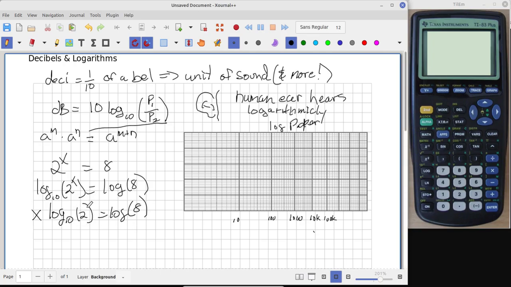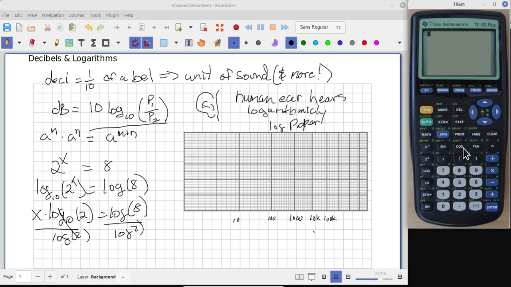That gets it out of being an exponent, and now I have just a multiplication. If I divide both sides by log 2, then my value for x is nothing more than the log of 8 divided by the log of 2.